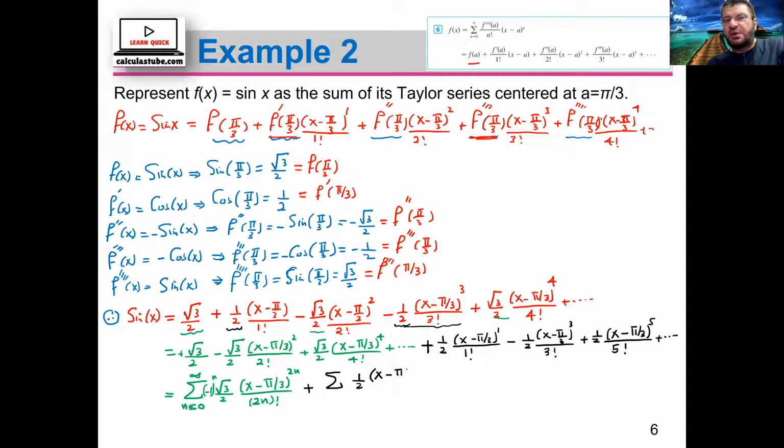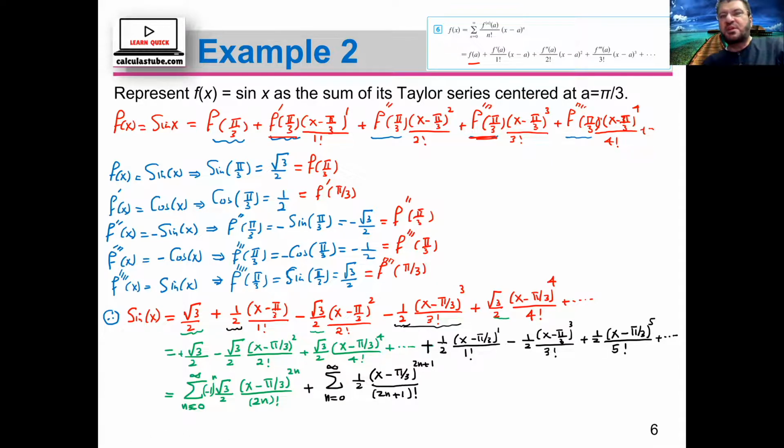It's 2n plus 1, isn't it? So you have 2n plus 1. That's a good presentation of the odd powers or odd numbers. You see, when this is 1 factorial, 3 factorial, so it's going to be also (2n plus 1) factorial. And as usual, n starts from 0 to infinity.